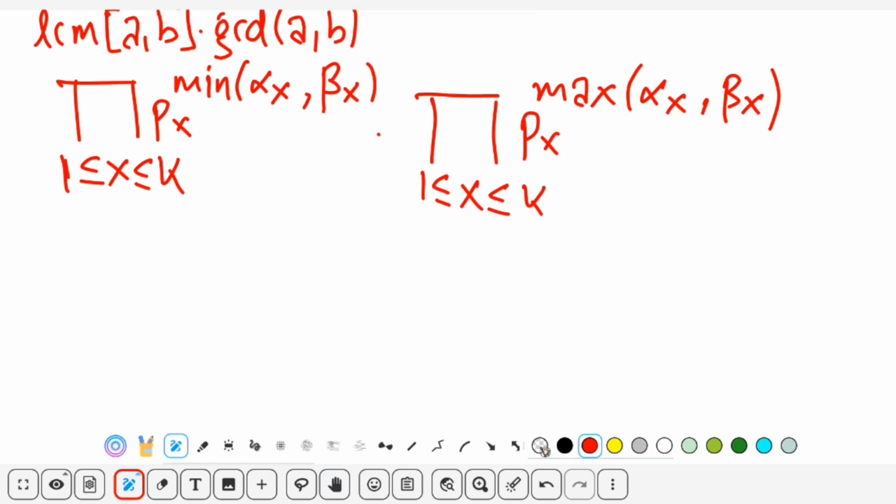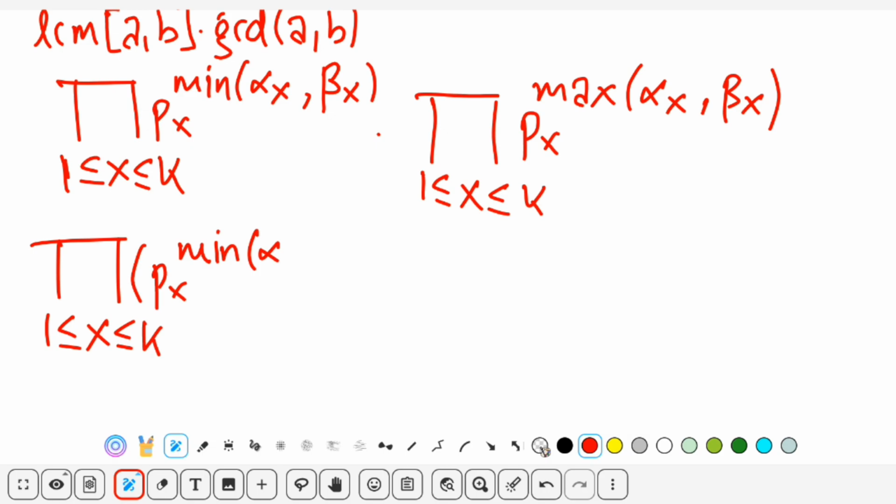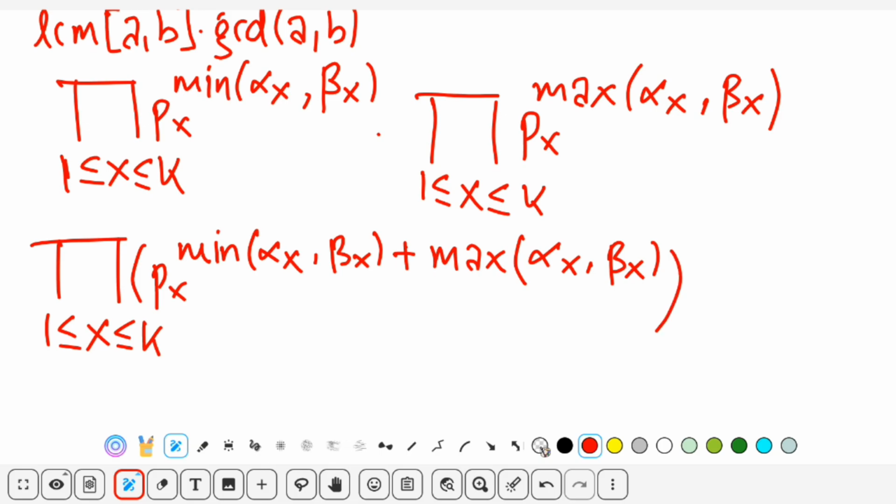The lower limit and the upper limit of both products are the same, so we can write this as one single product for 1 less than or equal to x less than or equal to k of px raised to the power of the minimum value of alpha x and beta x plus the maximum value of alpha x and beta x. Since the bases of these two products are the same, we can add the powers.